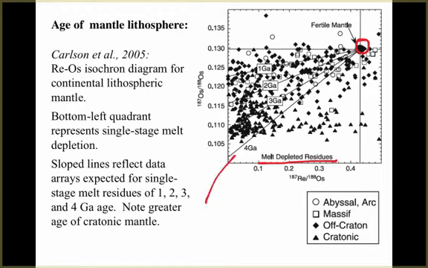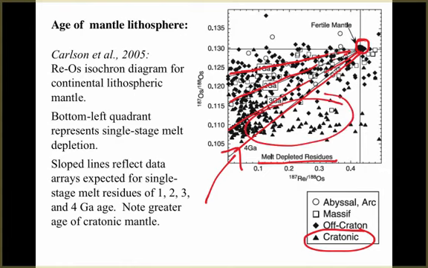This bottom left quadrant represents single stage melt depletion, and these lines, these tie lines, represent 1, 2, 3, and 4 billion year ages for the mantle lithosphere. If you notice, the cratonic areas are generally depleted, and older parts of the mantle lithosphere, particularly compared to arcs up here that are younger and more enriched.